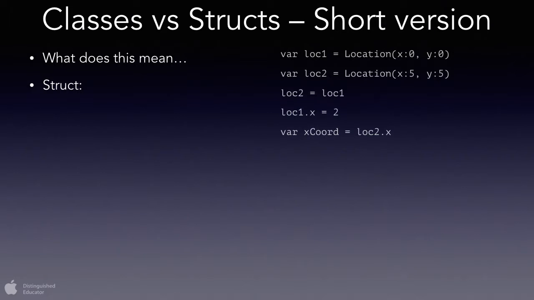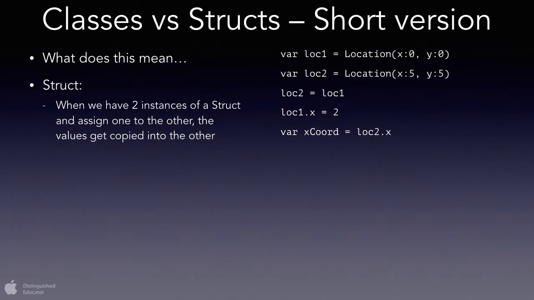Let's see. If we have a struct, if we have two instances, so for instance our location here, I've defined one here and one here. If I say, okay, let location 1 be assigned to location 2, then I change the value of x for location 1 to 2.